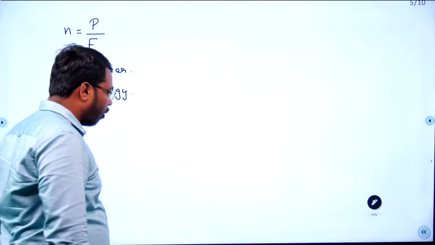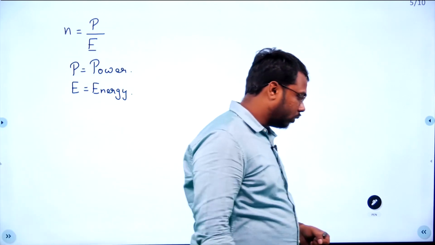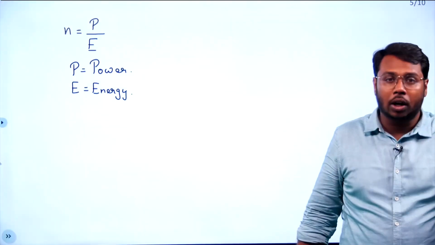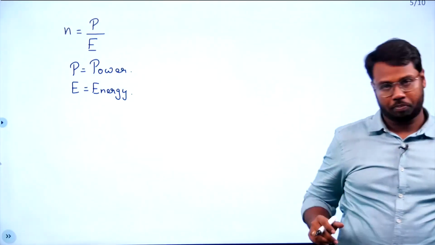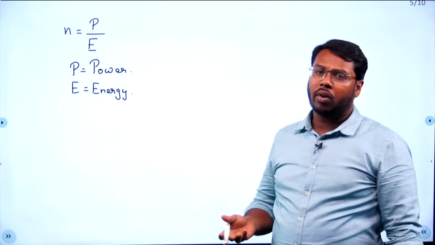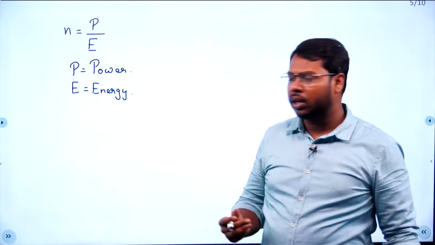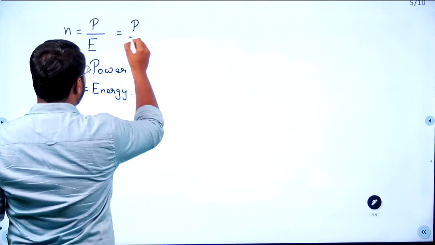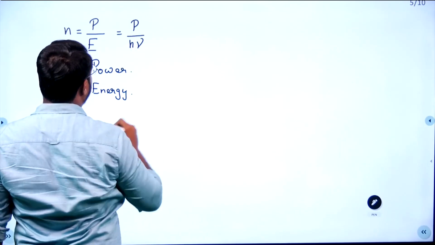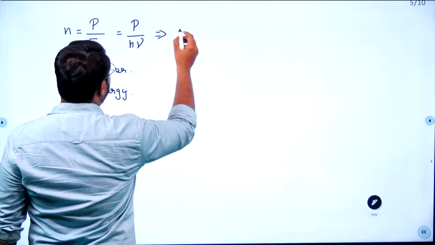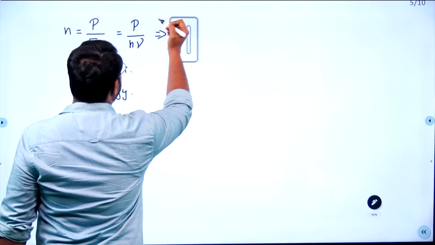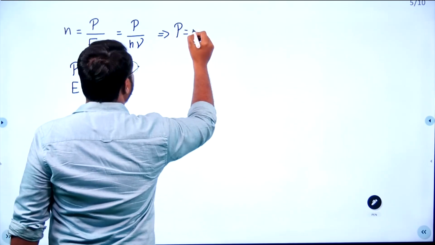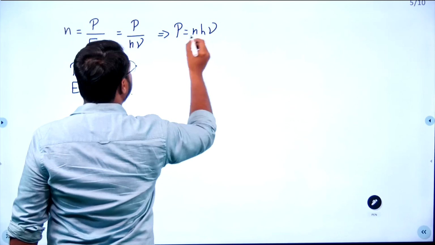So, the ratio of power to energy represents the number of photons that are going to come out per unit time. Now we can rewrite the whole thing as P by h mu, and when I cross multiply this, P is written as n into h mu.